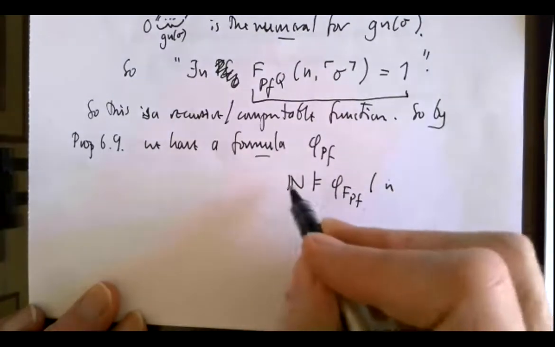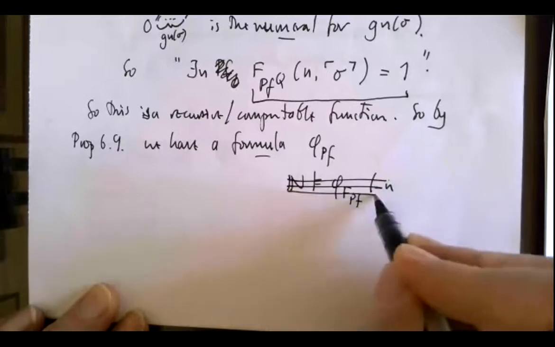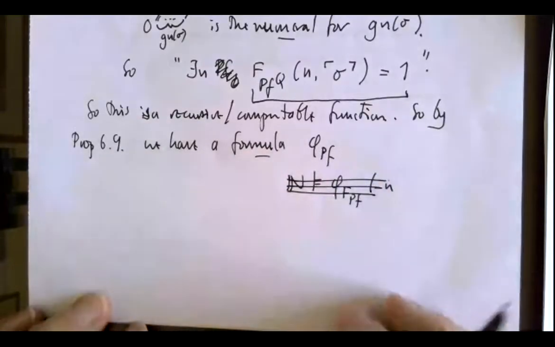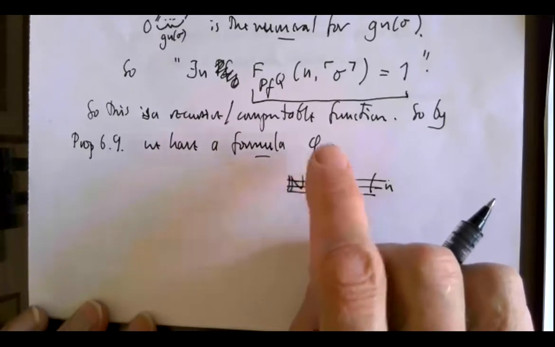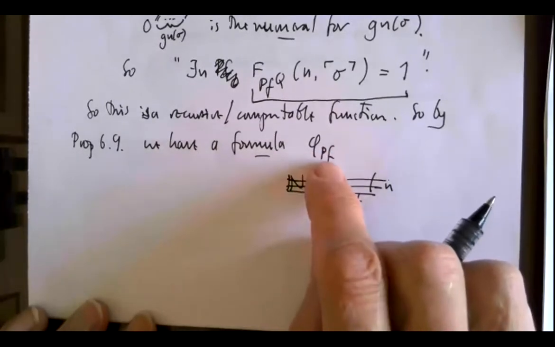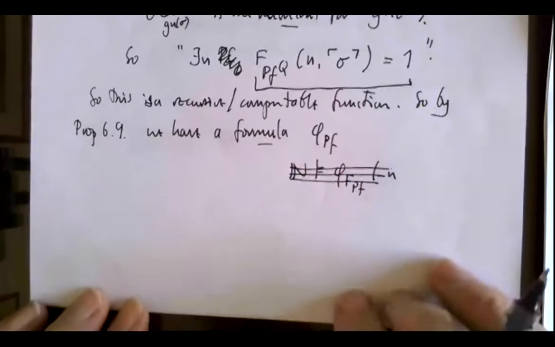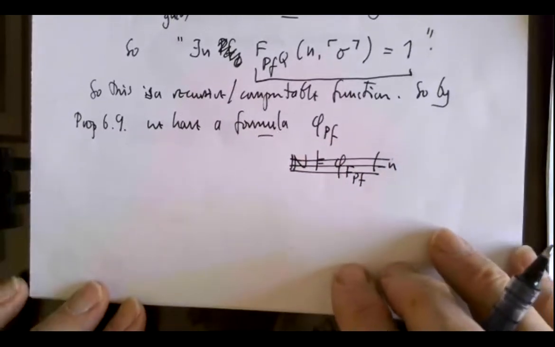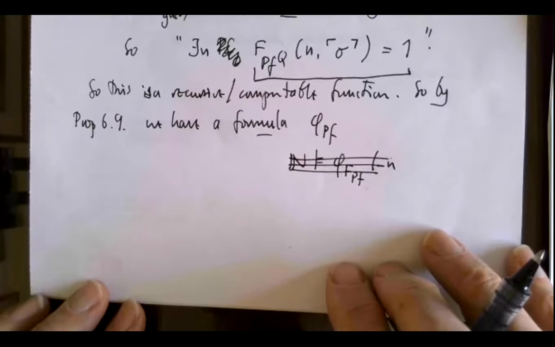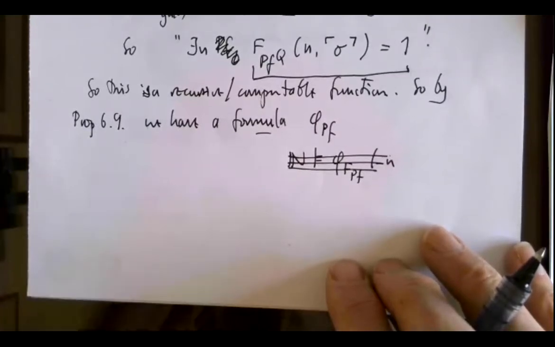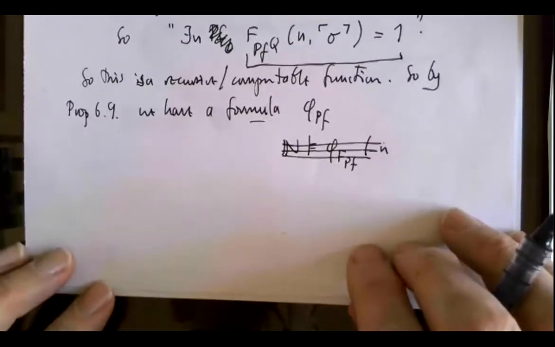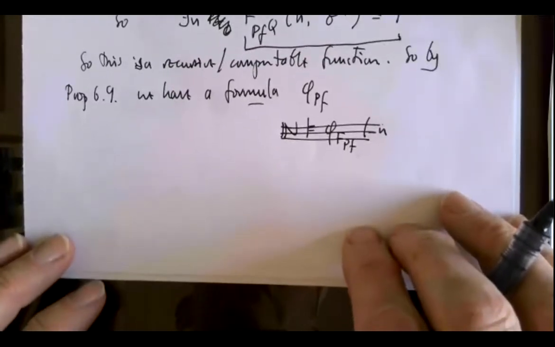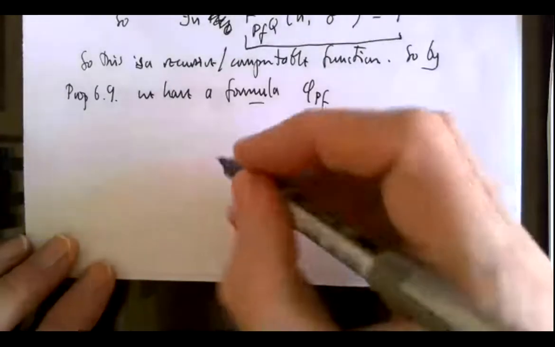I can see I've got two things happening in front of me. So there's a formula phi sub pf here. Okay, right.